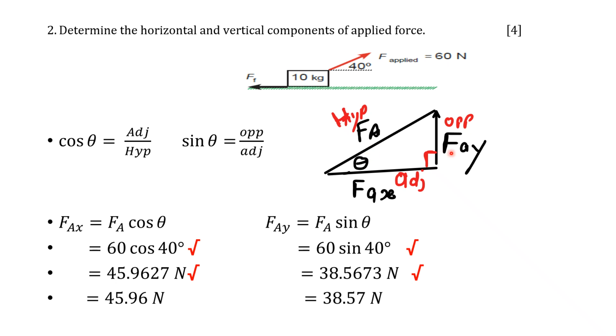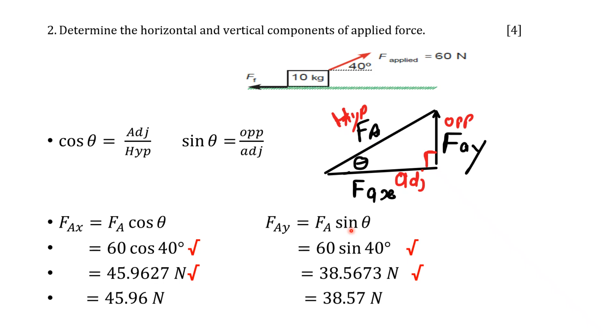So therefore FAY equals FA sine theta. As I always joke around, why do you sin? For basically all my Newton's problems, there's a pattern, and you'll see as I go through the other videos, where the x component is always cos and my y component is always sine.